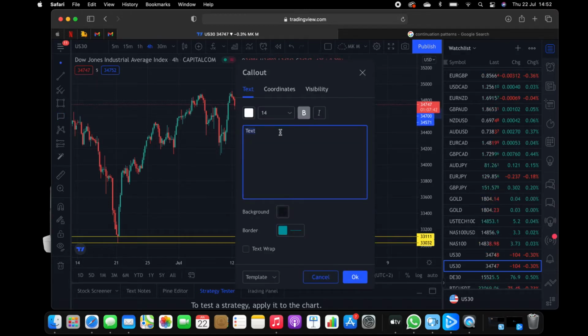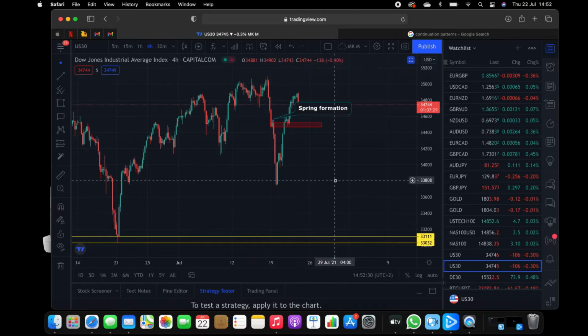Here's our spring formation. If you don't know what spring formation means, it just means that after that green candle, buyers tried to push up the price, but it failed and continued dropping. So that's what we call a spring formation.